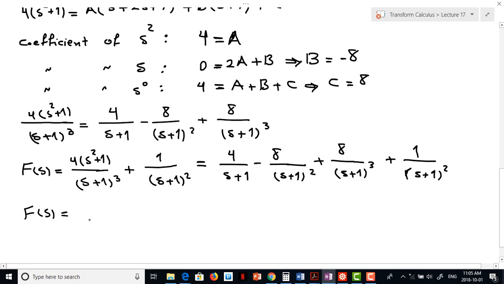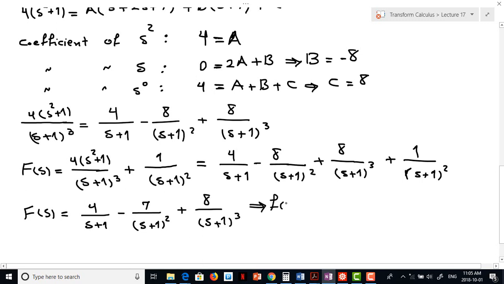F(s) is equal to 4 over (s plus 1) minus 8 over (s plus 1) squared. Here we have plus 1, so it's going to be minus 7 over (s plus 1) squared plus 8 over (s plus 1) cubed.